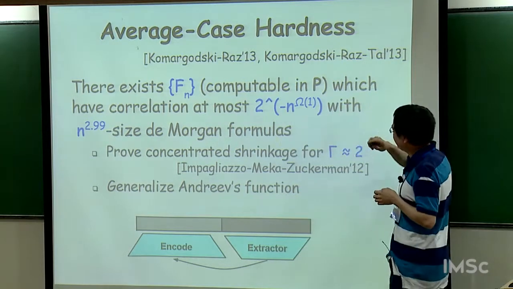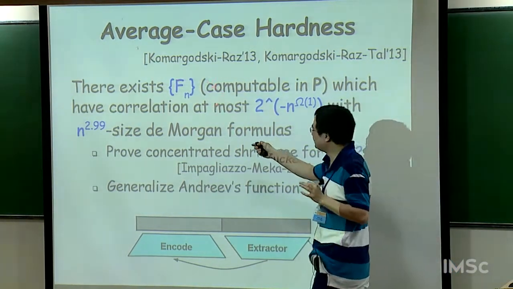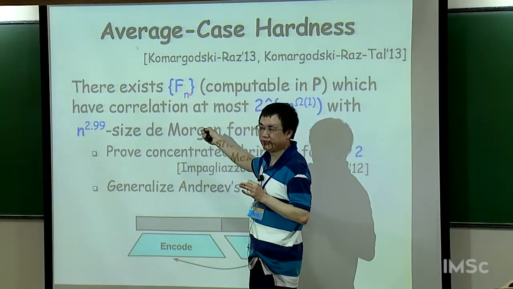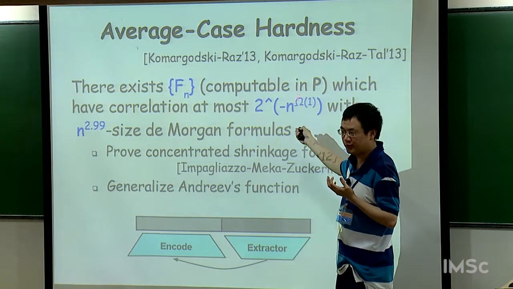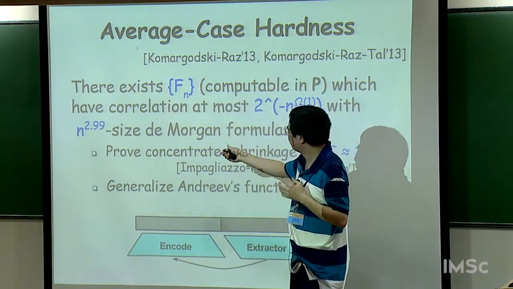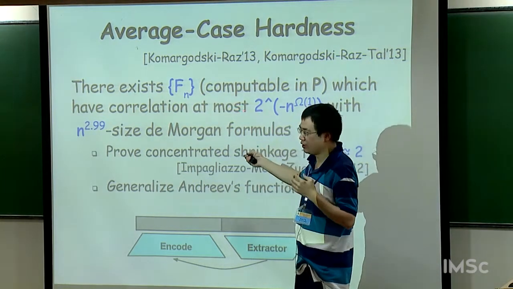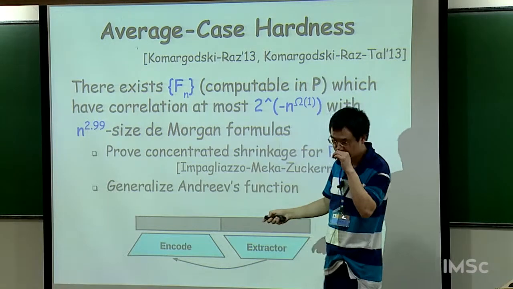So here is the statement of their result. They basically constructed a family of functions, Fn. Actually, these functions are computable in polynomial time. So this shows that these functions have exponentially small correlation with almost cubic size De Morgan formulas.